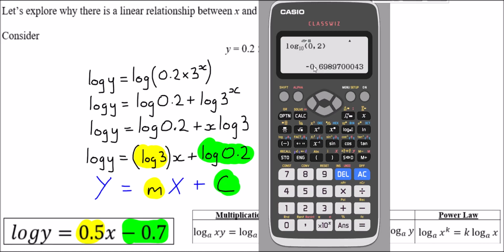So again, to one decimal place, that is minus 0.7. So now you can see two things: that if we take logs of both sides, we can derive a straight line graph, and as well as that, the gradient and y-axis intercept are exactly the same as what we'd expect from actually graphing it the slow way using a table of values.